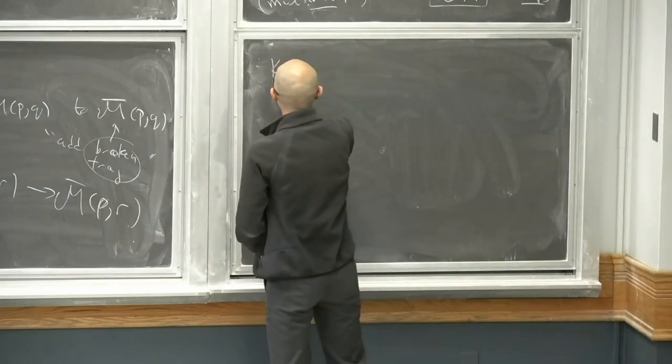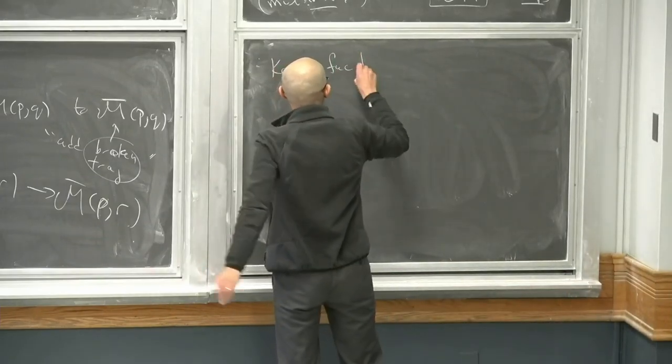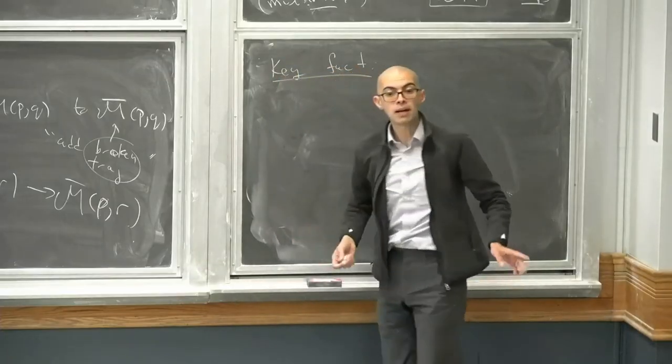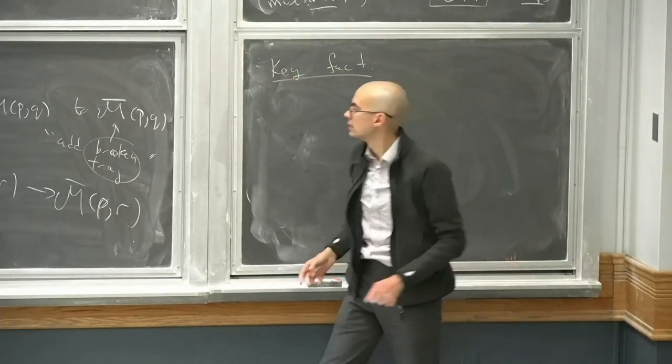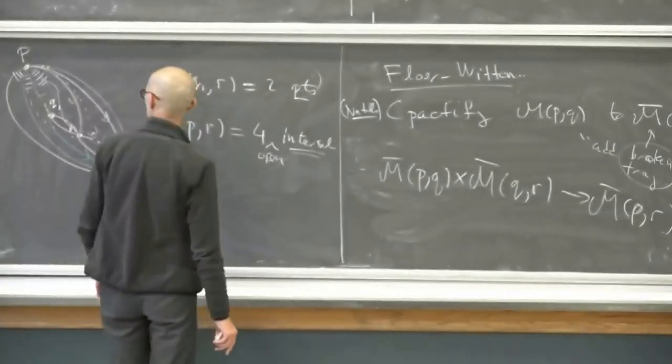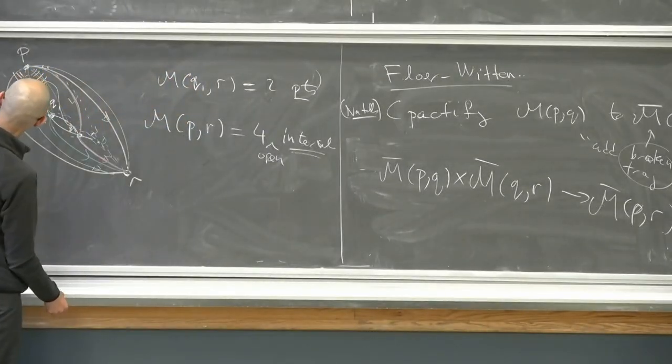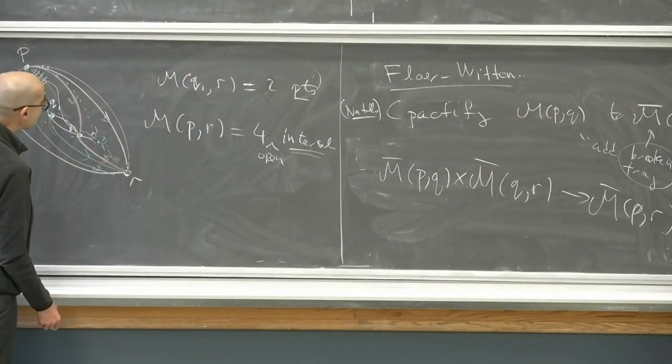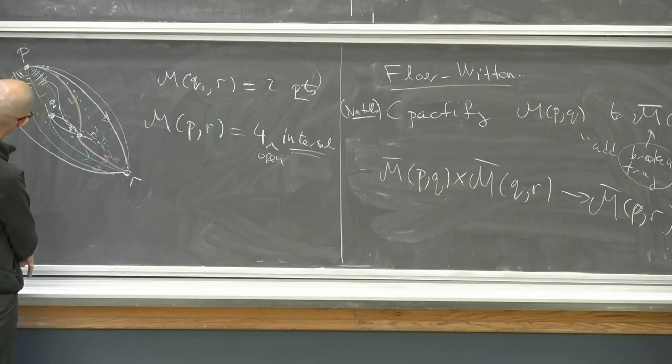So, key fact. Yes? Maybe it's 2 intervals then? Pardon? Maybe it's 2 intervals then? So you're going to have 4 endpoints? Maybe it's 2 intervals. Something doesn't quite look right if that's the case. But I'm slightly puzzled why my 2 intervals are going to.